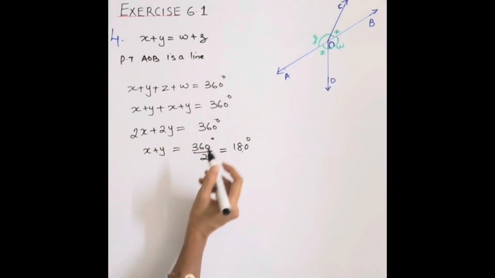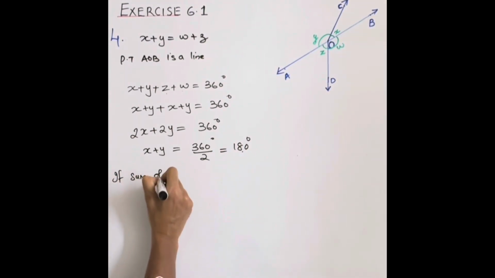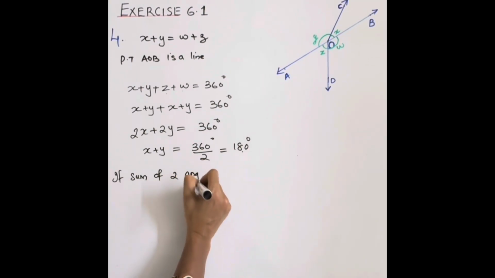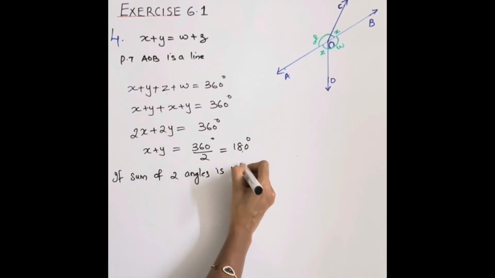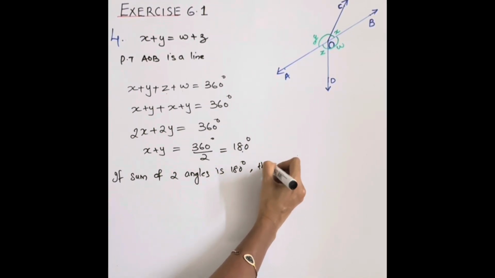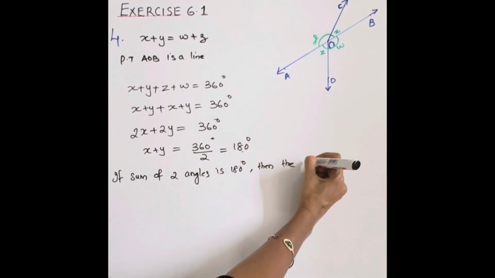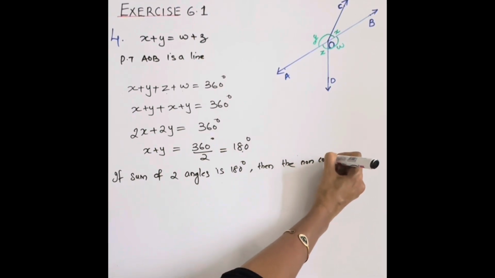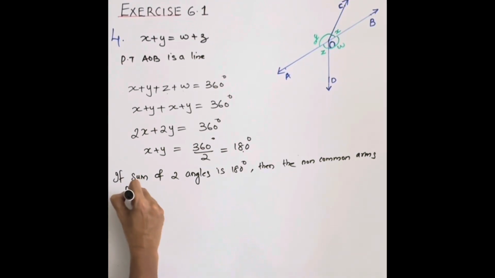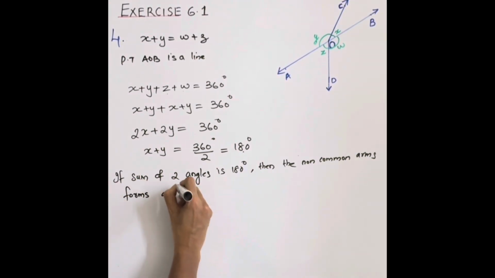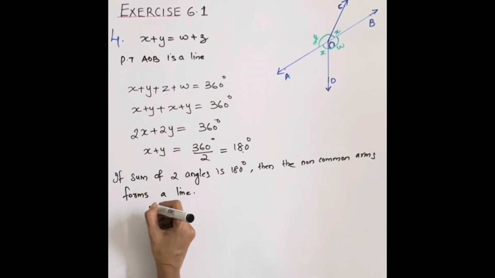You have learned in axiom 6.1 that if the sum of two adjacent angles is 180 degree, then the ray stands on a line, or you can say the non-common arms form a line. If you have forgotten that, please check again the axiom 6, the converse of axiom 6.1.